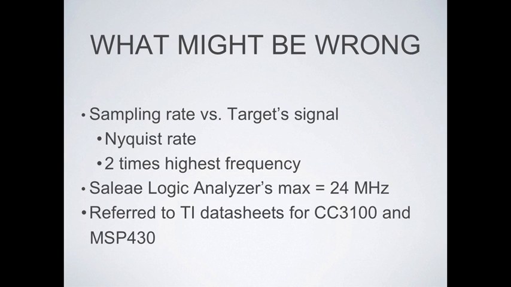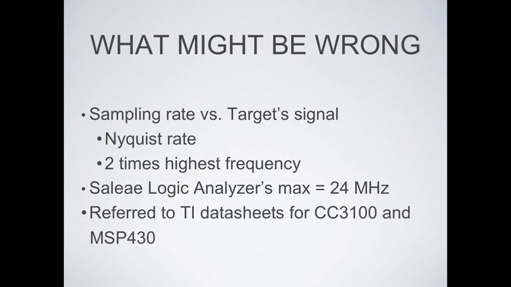We'll look at it on the next slide, but let me go back to the thoughts about sampling. The maximum sampling rate for this particular Saleae logic analyzer is 24 megahertz. If I open the drop-down menu, that's the highest it'll go.